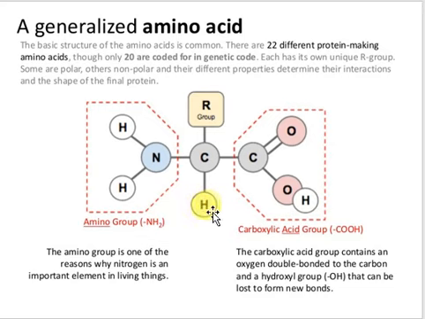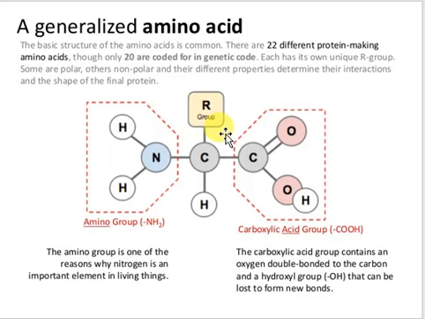Everyone contains hydrogen, an amino group, the amino component of the name, and then a variant group or an R group. The R group is known also as a side chain, and that's the component that differs with each amino acid. So the diversity within the 22 different types of amino acids, we can actually narrow it down to 20 because there's 20 that we focus on for coding in genetics.